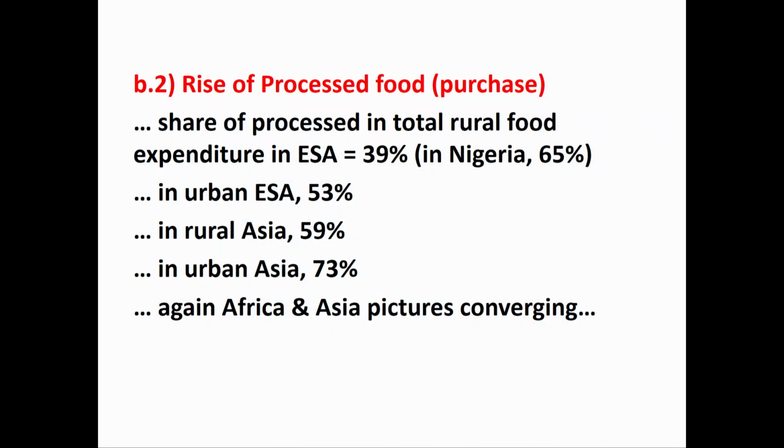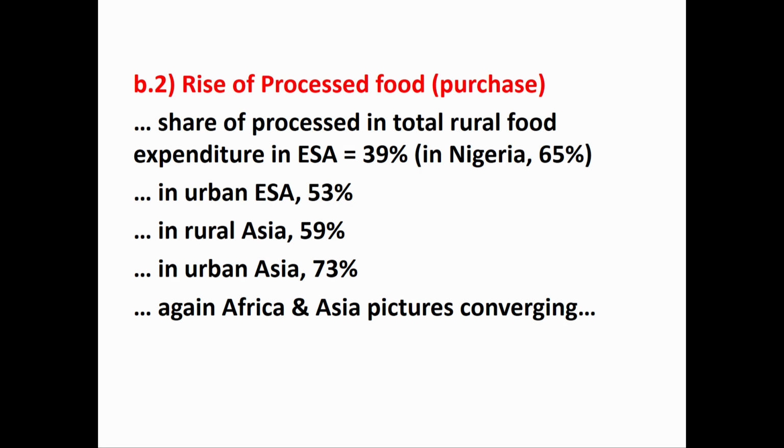We've also found in our data work, and I won't go into the details very much, that there's been a massive rise of processed foods purchased as a share of total consumption. Even in the poorest areas in the world, it's something like 40%. If you go to Nigeria, it's already 2/3 of rural consumption is coming from processed food. And of course, these figures in urban Eastern and Southern Africa and rural Asia are around 50 to 60%, in urban Asia, 73%.